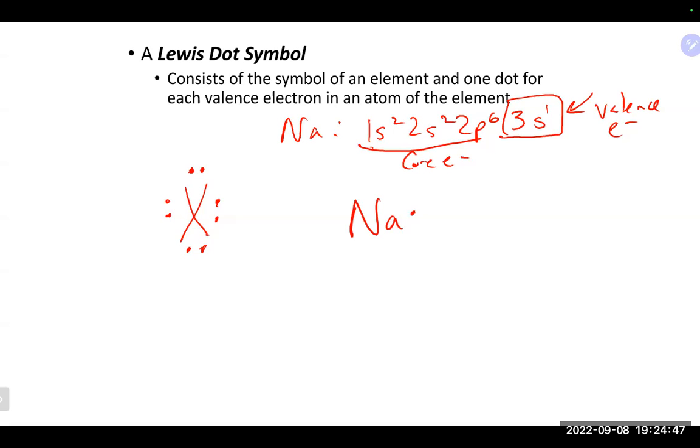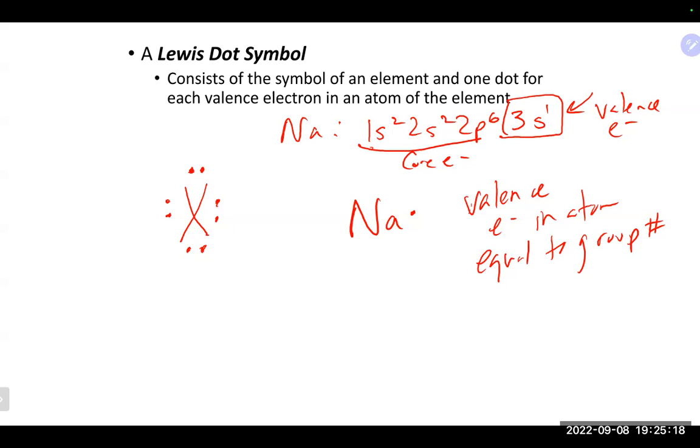You could clearly write out the electron configuration for everybody to figure out its number of valence electrons, but that seems like it's going to take a very long time in a lot of cases. The number of valence electrons in an atom is basically equal to its group number. So here we have sodium, which is group number 1 on the periodic table, which means sodium has 1 valence electron.